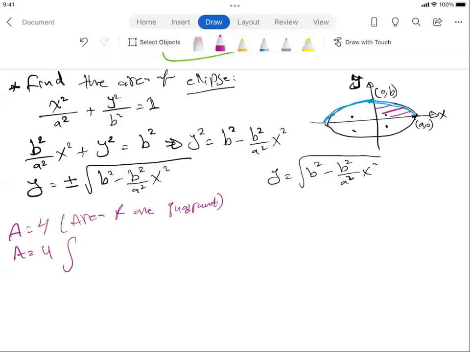So what integral do I have? The square root of b square minus b square over a square x square dx. So I'm integrating with respect to x, and as I can see, in the quadrant, x goes basically from 0 to a.